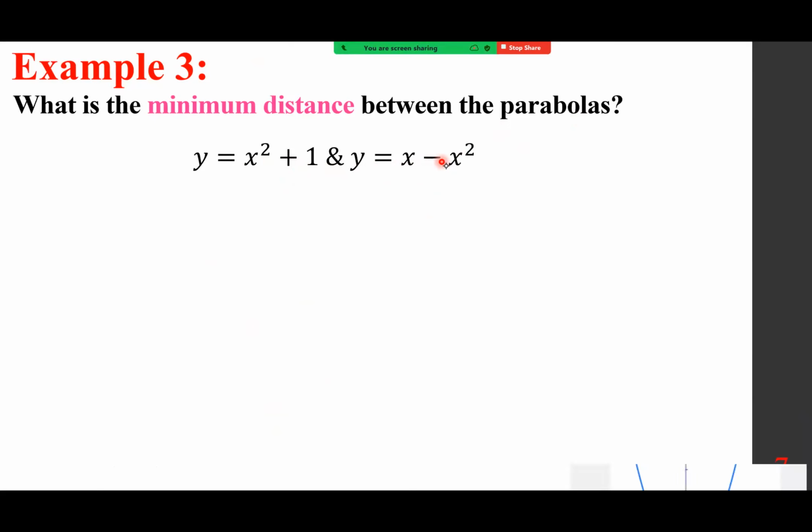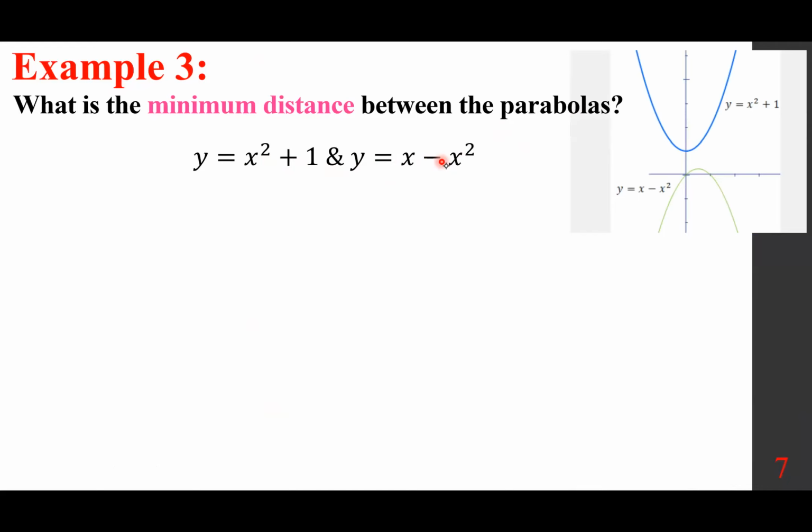So the graph looks something like this. Very straightforward, and I hope, again, nobody has any problem with the graphing. So we have the graph. The minimum distance happens somewhere between those 2 points.